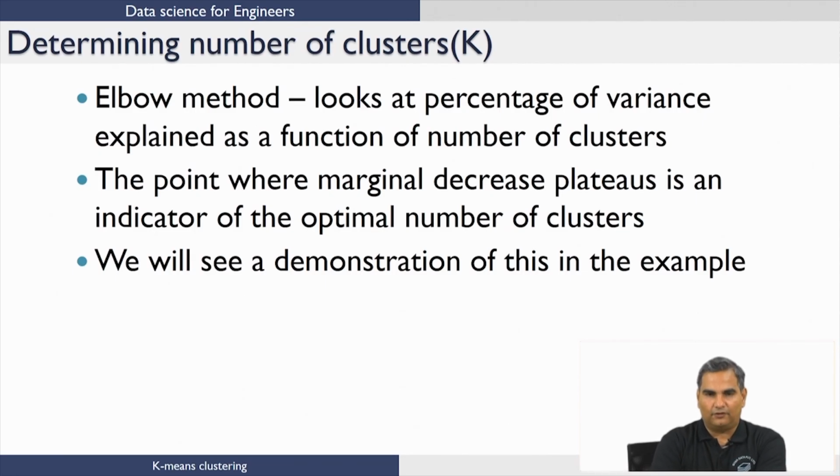In the case study that follows this lecture, you will see how this plot looks and how you can make judgments about the optimal number of clusters that you should use. Basically, this approach uses the percentage of variance explained as a function of the number of clusters. Those are very typical looking plots, and you can look at those and figure out what is the optimal number of clusters.